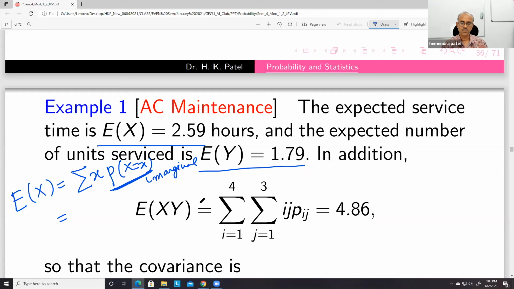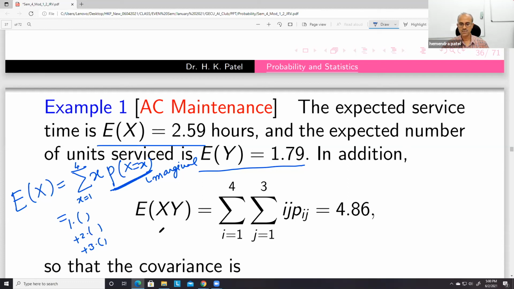So we have the marginal probability distribution there and the value of x. So x is equal to 1 to 4: 1, 2, 3, 4. So 1 into its probability plus 2 into its probability plus 3 into its probability. This way we can find these expectations Ex and Ey.